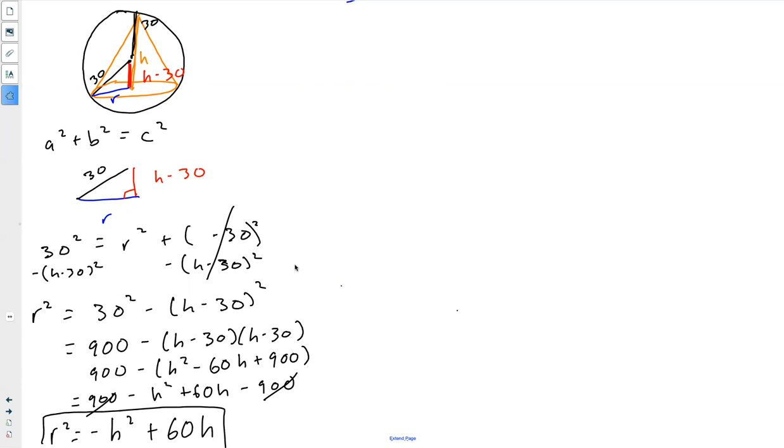Okay, so now that we've written that in terms of r squared, we can substitute that into our volume formula, okay? So r squared is equal to negative h squared plus 60h. So volume is equal to 1 over 3 pi times r squared, which is negative h squared plus 60h, multiplied by h.